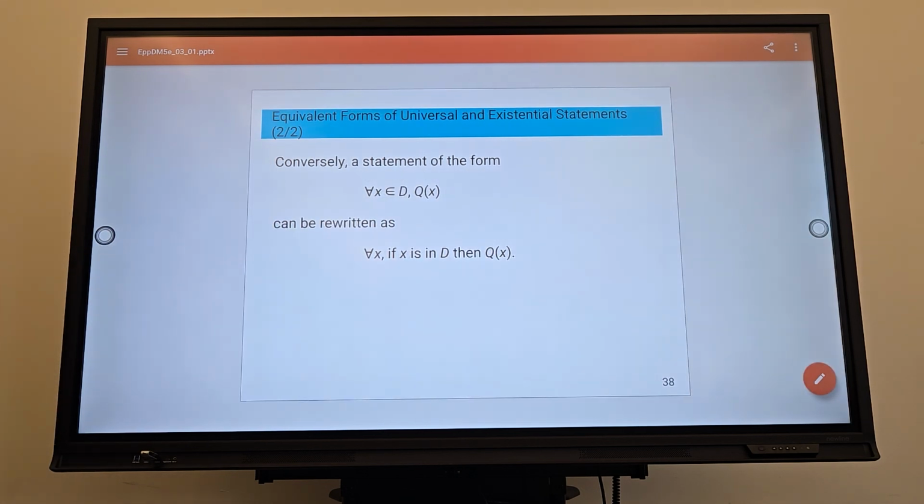Conversely, a statement of the form for all x in D, Q of x can be written: for all x, if x is in D, then Q of x is true.